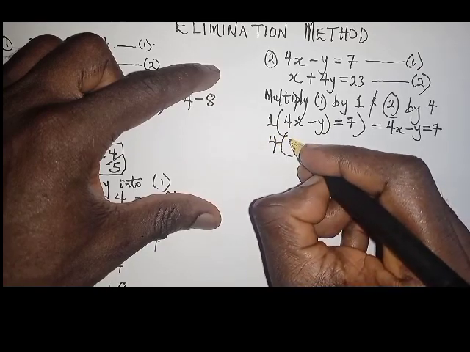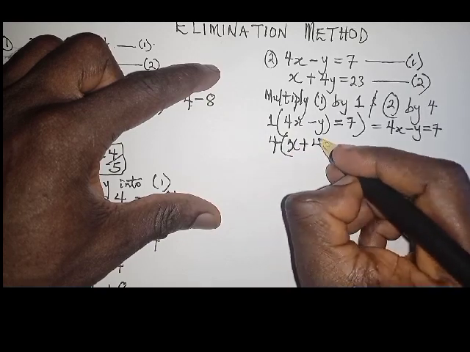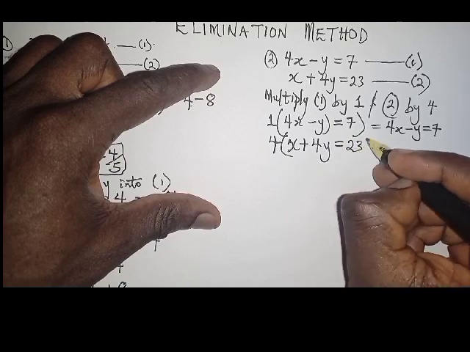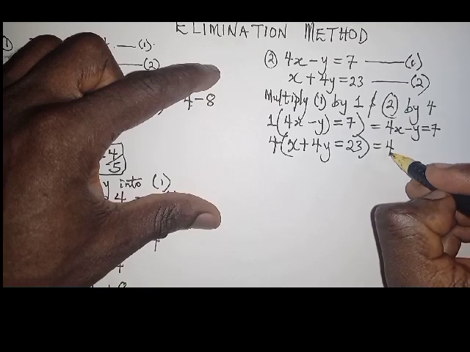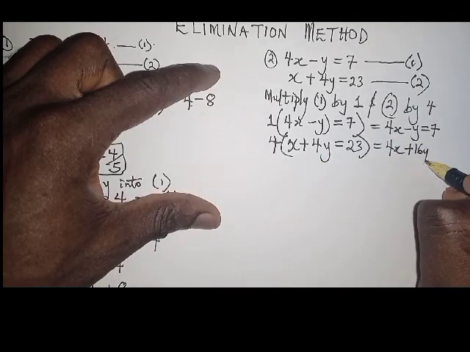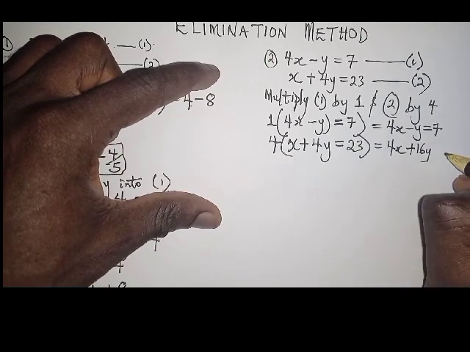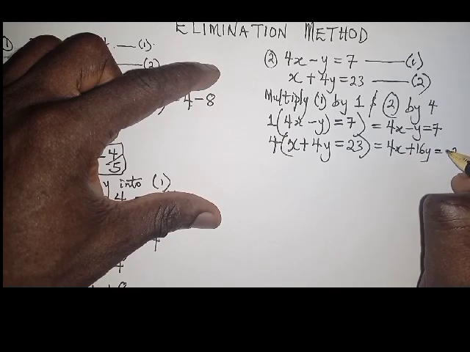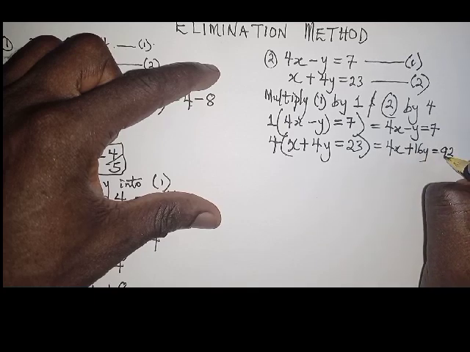So equation 2 is x plus 4y equals 23. That's going to give me 4 times x is 4x, 4 times 4 is 16y, while 4 times 23 is 92.